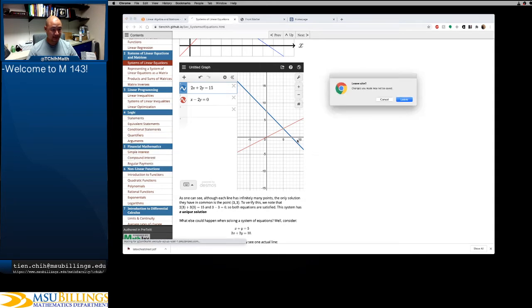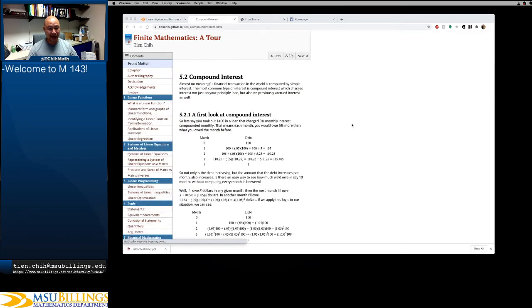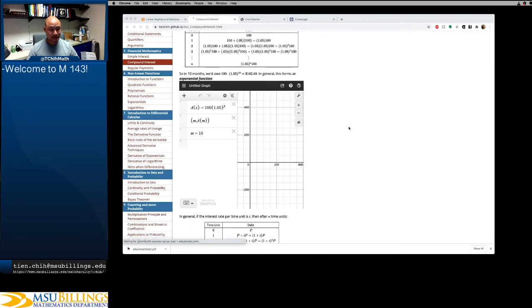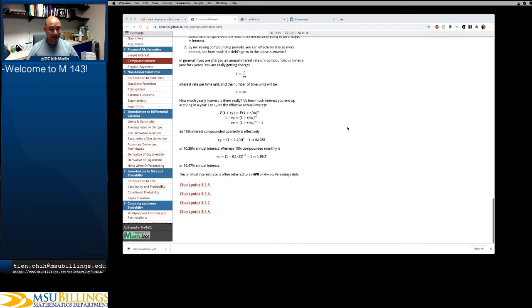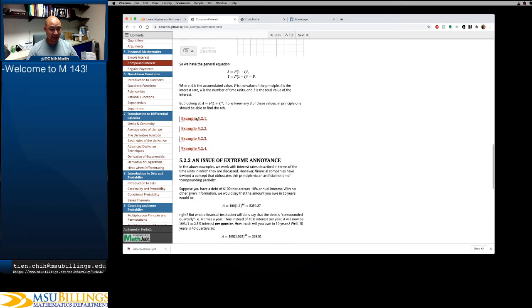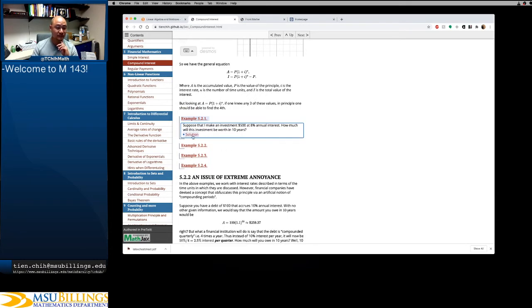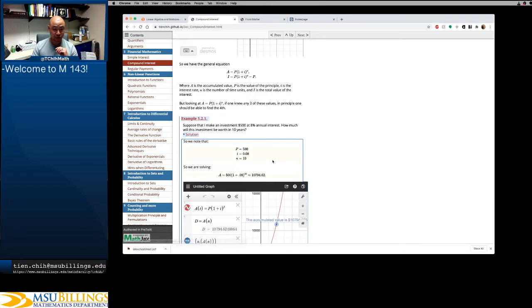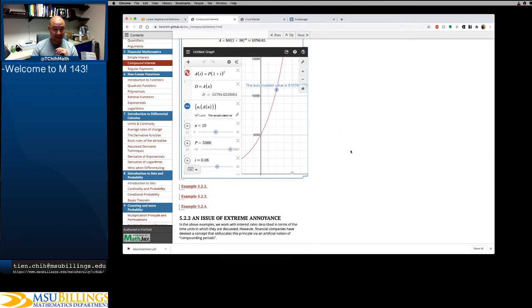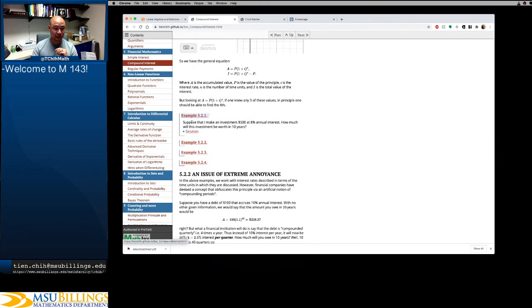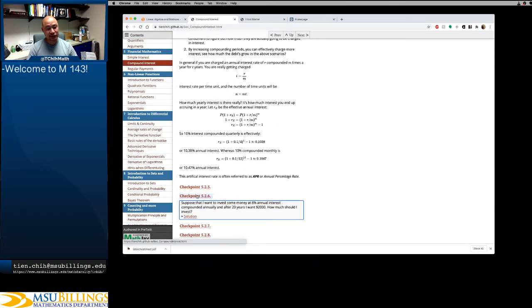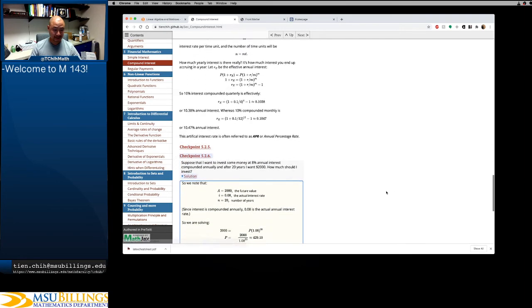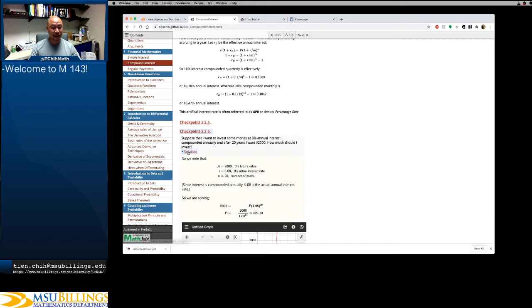Let's maybe jump ahead to a different chapter where you'll also find in these sections example problems along with solutions and embedded graphics to go along with those solutions, and checkpoints, which are problems that you can try to test your understanding of the content, and then solutions to go with those as well.